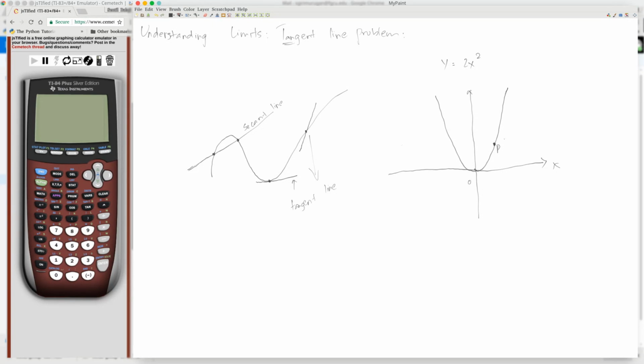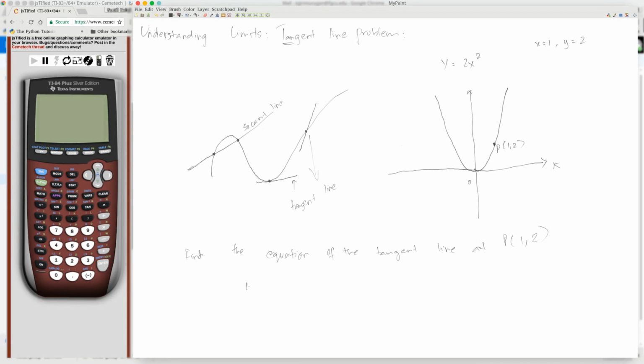And let's say that point P, when x is, say, 1, y is 2, so the point would be 1, 2. So I'd like to find the equation of the tangent line at P, where P is the point 1, 2.